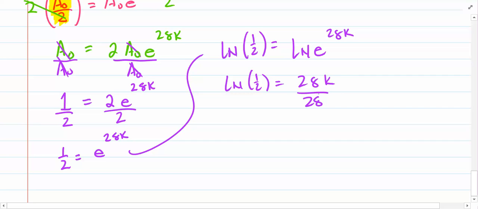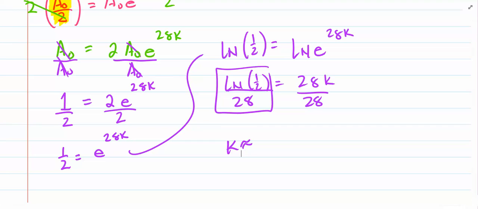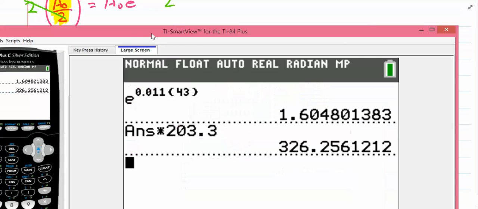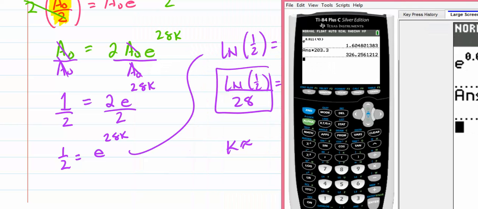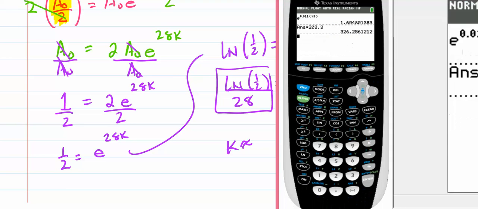So k is going to be approximately, and when we do this, ladies and gentlemen, what should we expect to see? A positive number or a negative number? We should expect to see a negative number because we have an exponential decay. So here you go, natural log of 0.5 equals some number, and then divide that by 28, and we are getting negative 0.025 if we round to 3 decimal places.